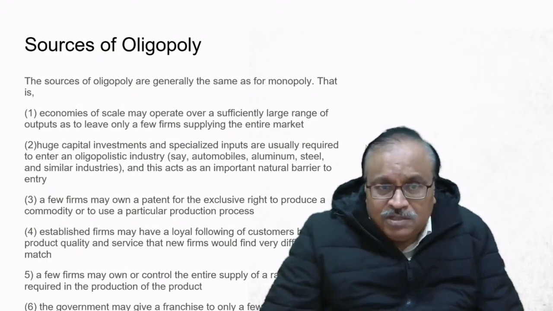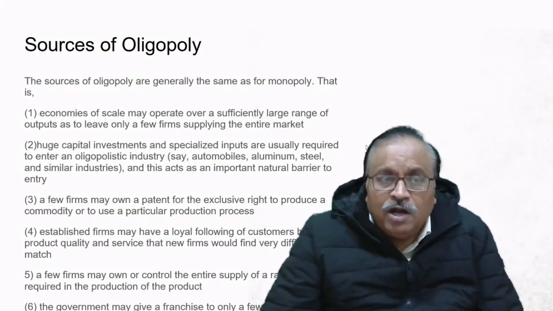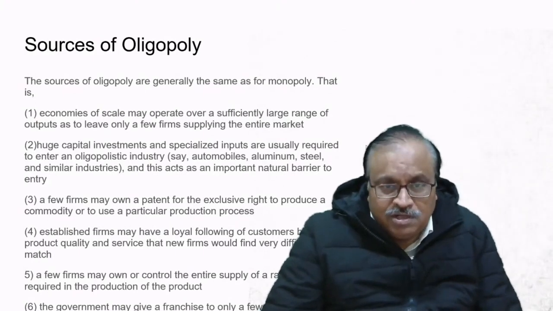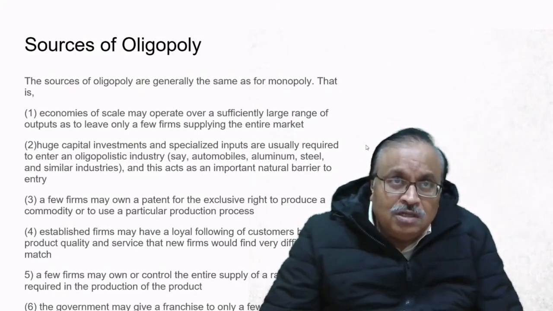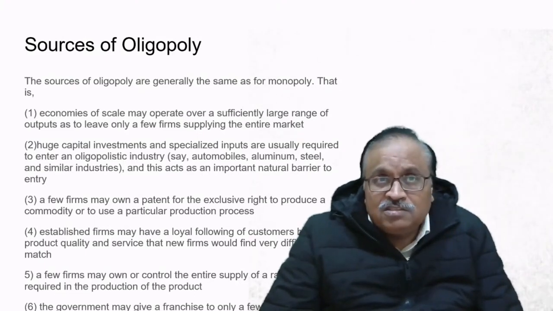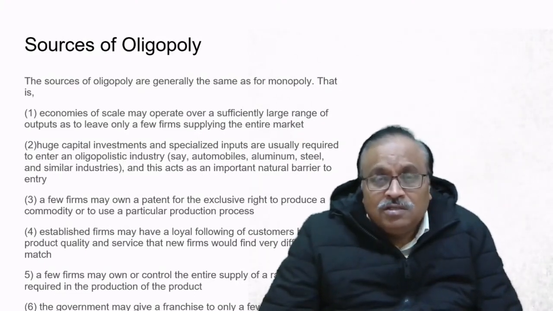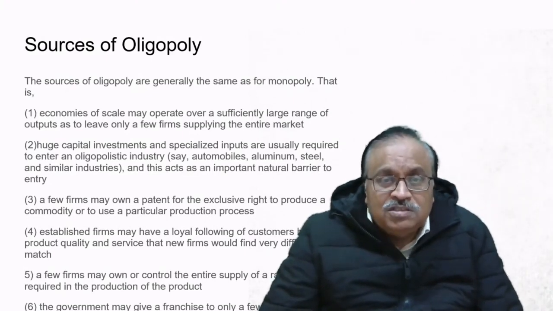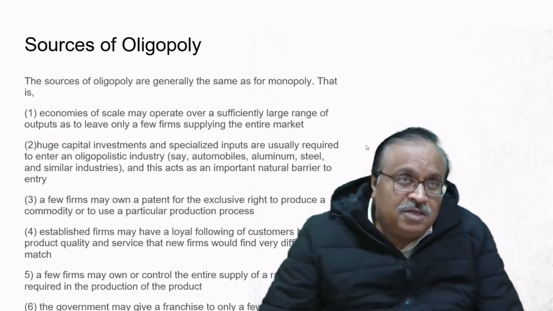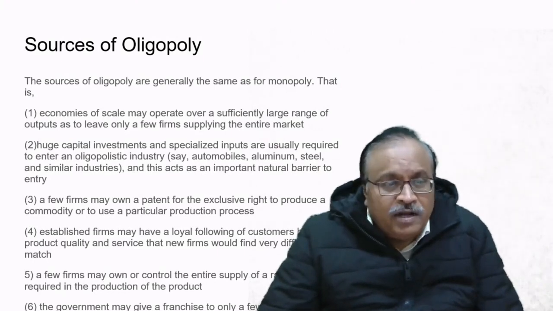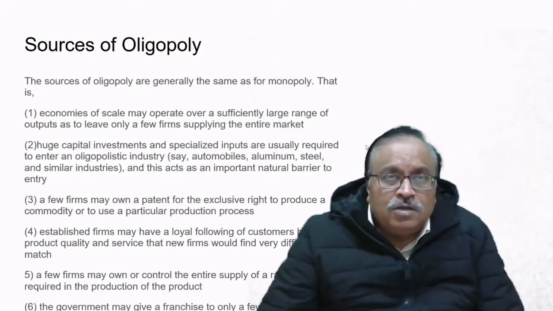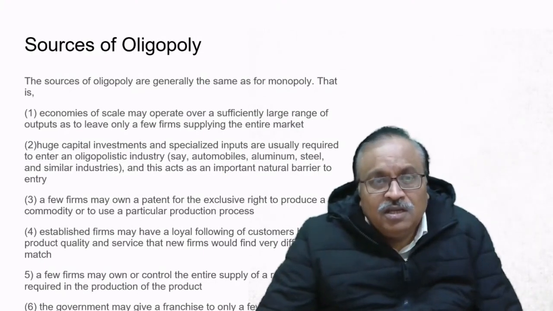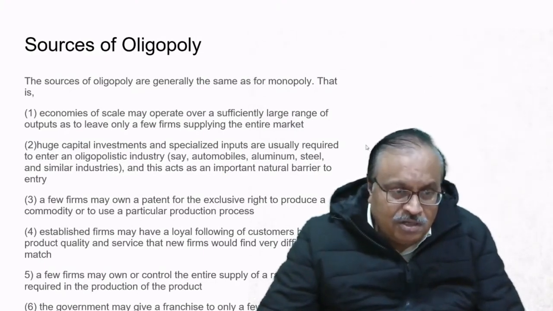Huge capital investments and specialized inputs are usually required to enter an oligopolistic industry, because producing aluminium, cars, or steel requires a huge infrastructure setup, a huge skill set, huge machines. So this acts as a deterrent, an important natural barrier to entry. A few firms may own a patent for the exclusive right to produce a commodity. This is what happens basically in the drug or pharmaceutical industry.